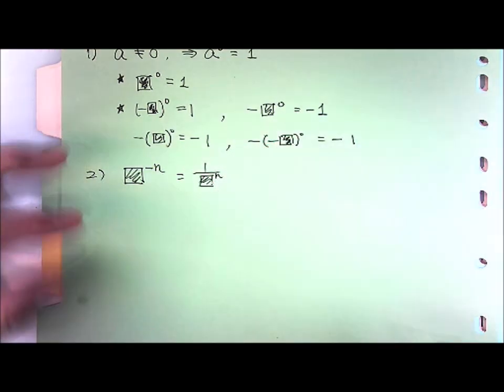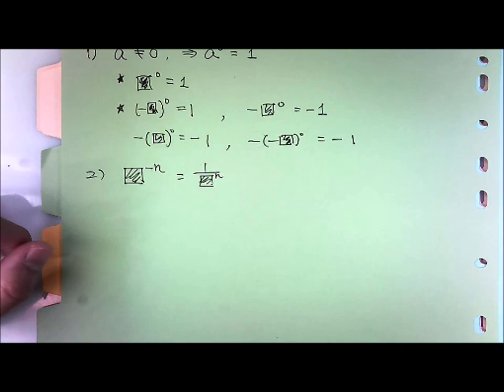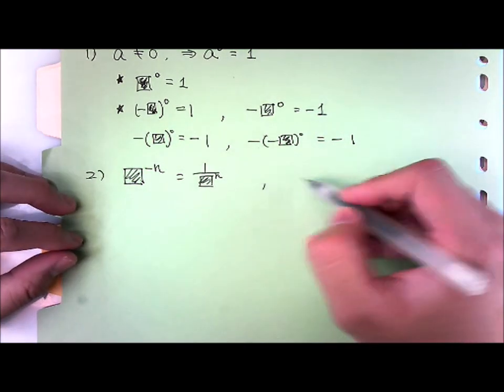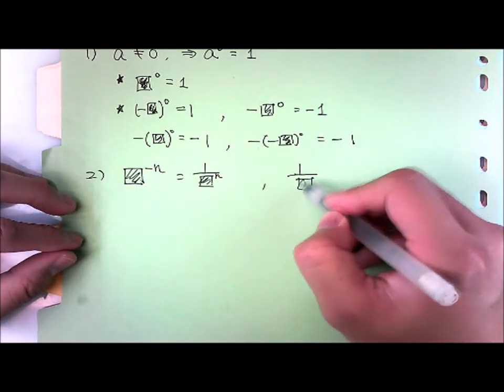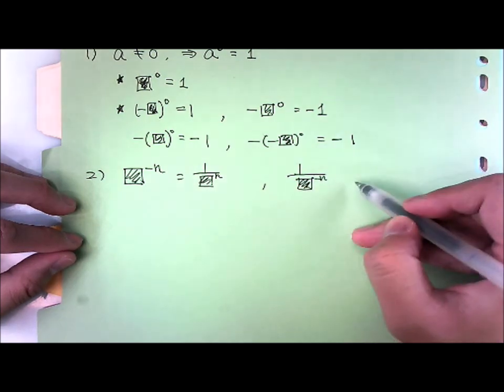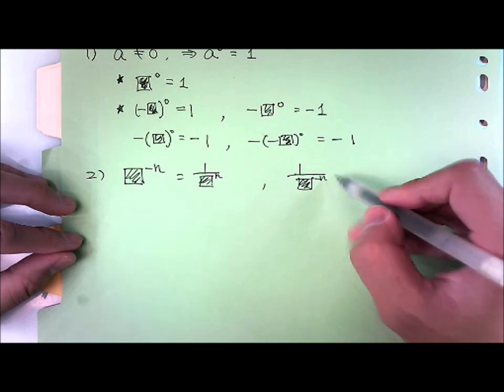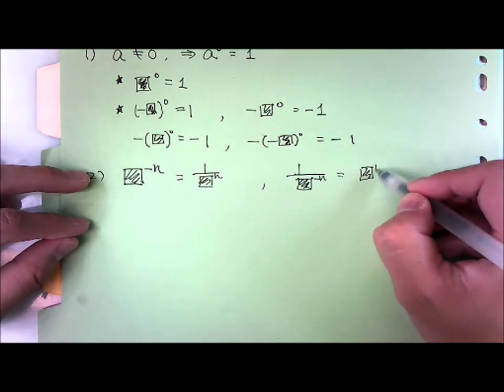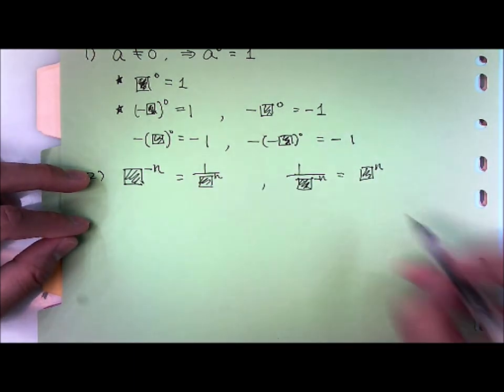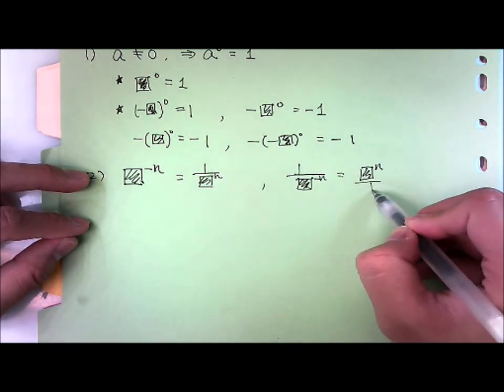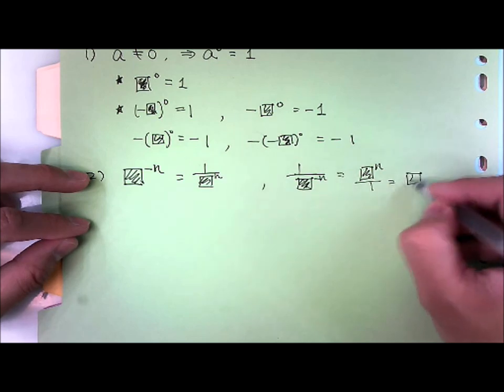Then this n becomes positive. Of course, when it is below here, it's a negative. We don't like this negative, so we just do upside down and it becomes positive. Of course, here it is over 1, but you can omit it. Understand?